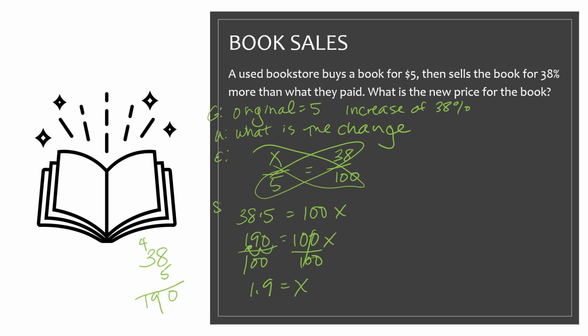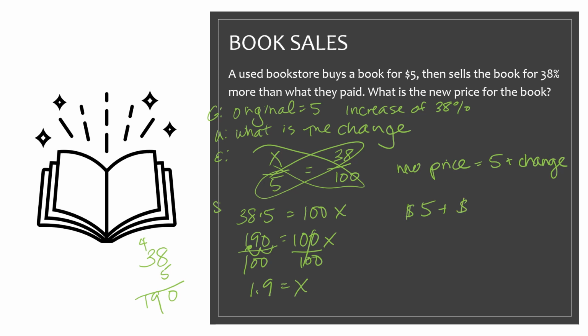So what I need to do now is say, okay, my new price, because that's what they want to know, right? My new price is the original plus the change. So my new price is $5, right?